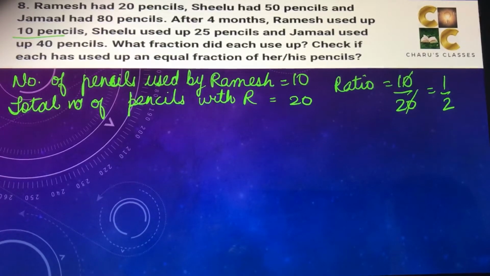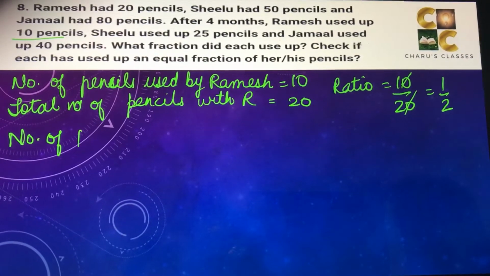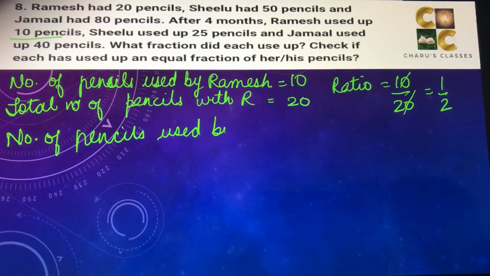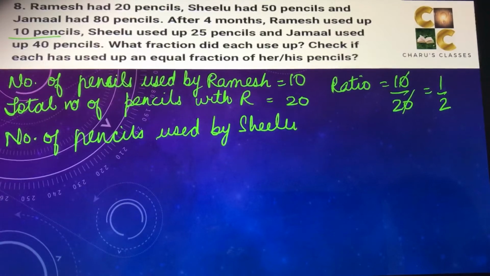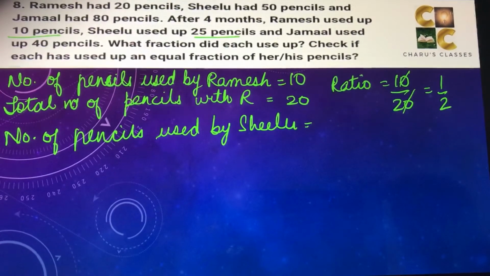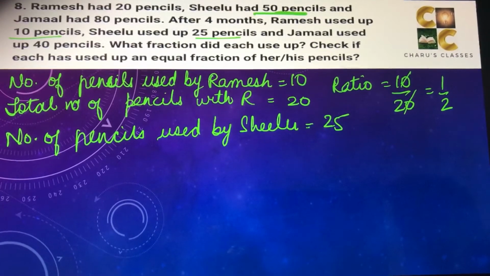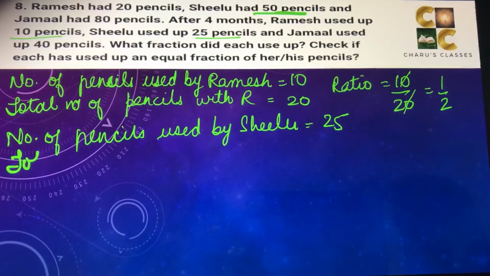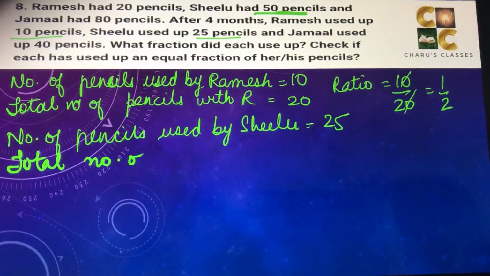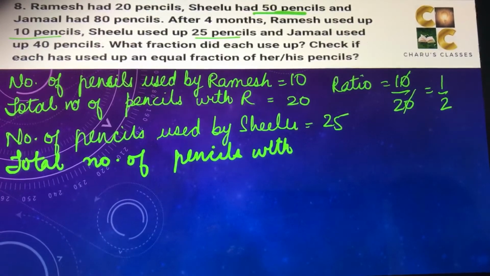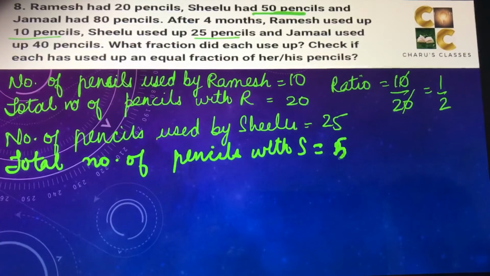Now let's check up Sheelu. So number of pencils used by Sheelu. Sheelu used up 25 pencils and the total number of pencils were 50. So total number of pencils with Sheelu, they were 50.